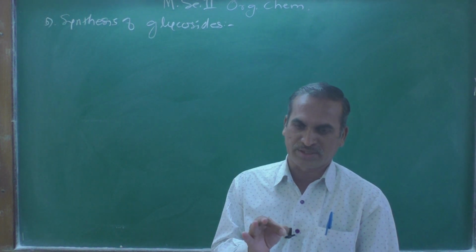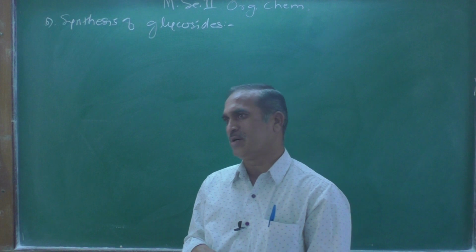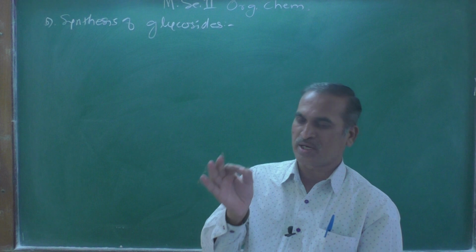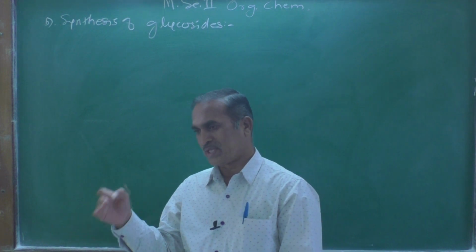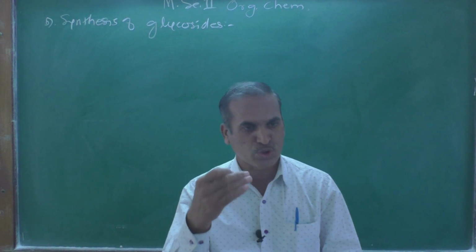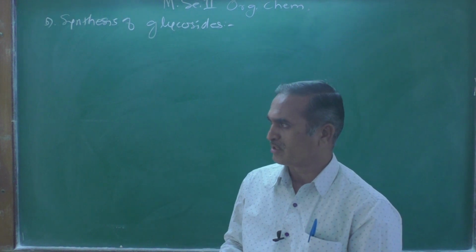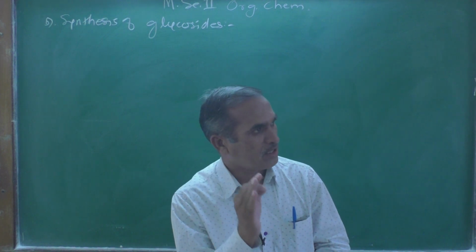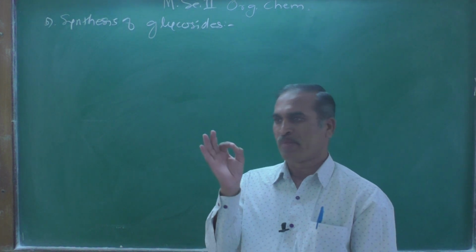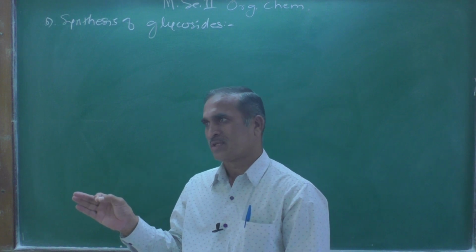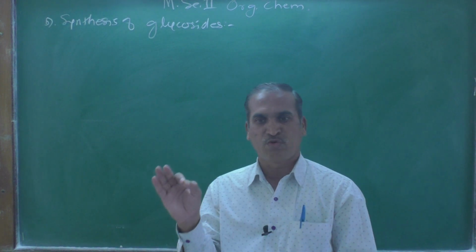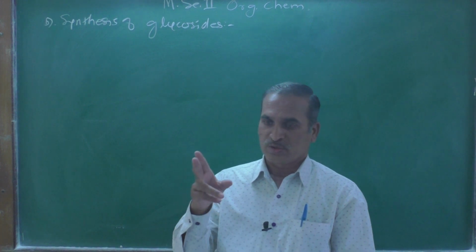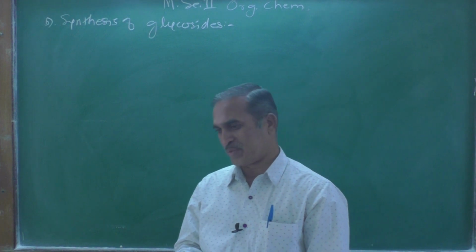Those carbohydrates, a disaccharide containing a hemiacetal group, exhibit or indicate reducing nature, which means they exhibit a positive Tollens test or positive Fehling test. It means that an aldehyde group is present.